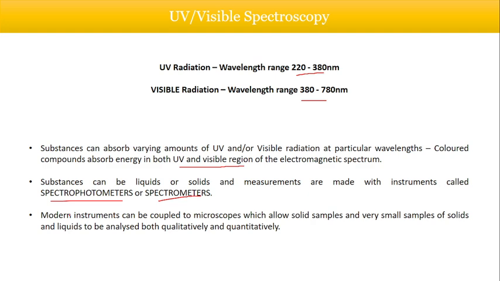So there are instances where these spectrophotometers are coupled with microscopes to observe as well as analyze these solid samples and sometimes liquid, sometimes phase separation, etc. So these can be beneficial.